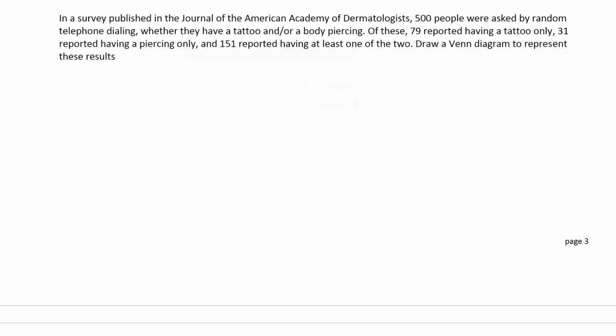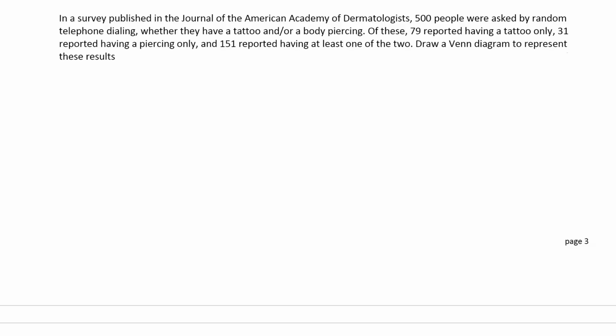Okay, let's do the next problem, which is slightly different. In a survey published in the Journal of American Academy of Dermatologists, 500 people were asked by random telephone dialing whether they have a tattoo and or a body piercing.